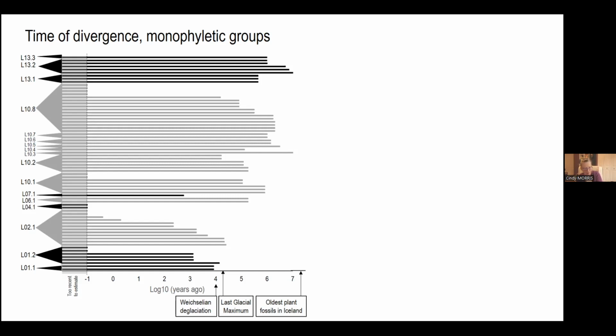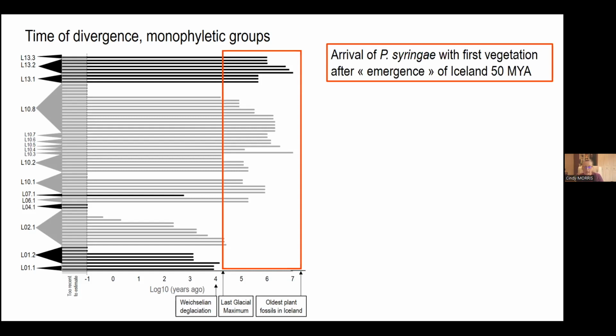So 10 to the 7th is 1 with 7 zeros after it, so it's 10 million years. And on this time frame, I put some major geological events: the oldest plant fossils in Iceland, the last glacial maximum, and when that big glacier that covered North America melted.